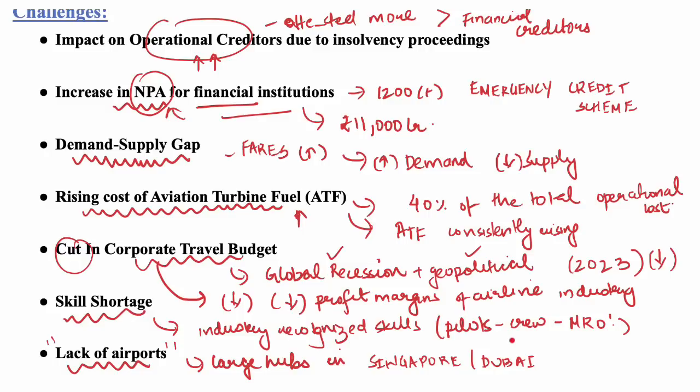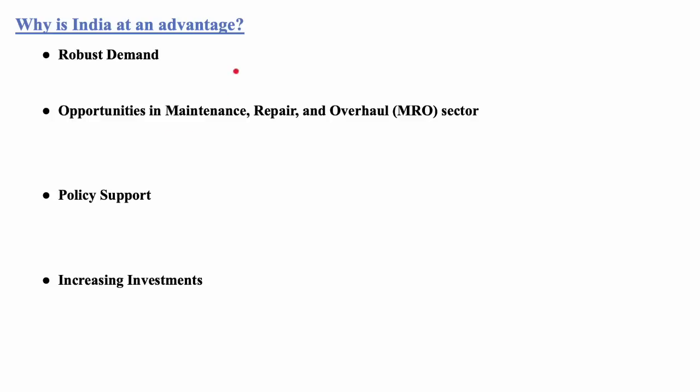Now that we have seen the challenges, we will also try to analyze why the demand for the airline industry has been increasing in India and what the prospects of growth for the airline industry in India are. The first thing to understand here is that India is set to become the third largest aviation market in terms of passengers by 2024.